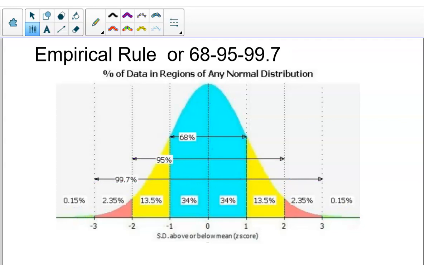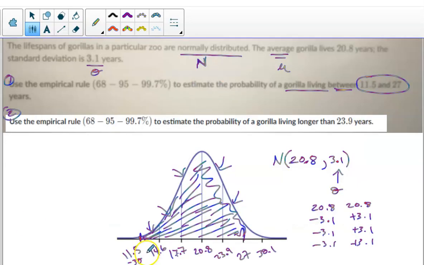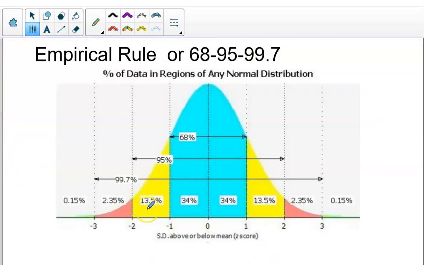Or another way you could do it is, since 11.5 is 3 standard deviations away, we already know that 3 standard deviations away contains 99.7.